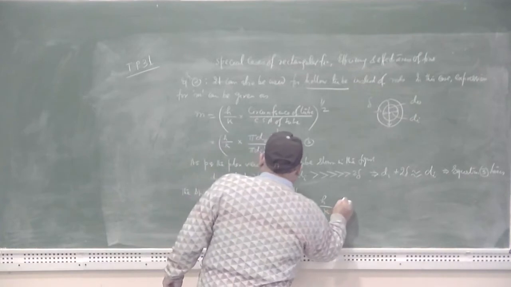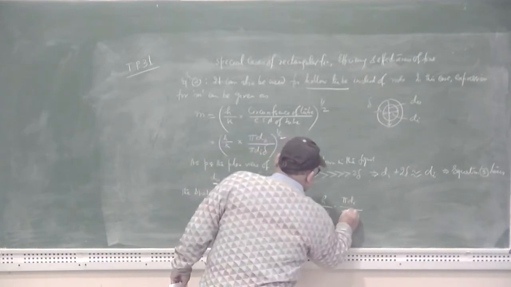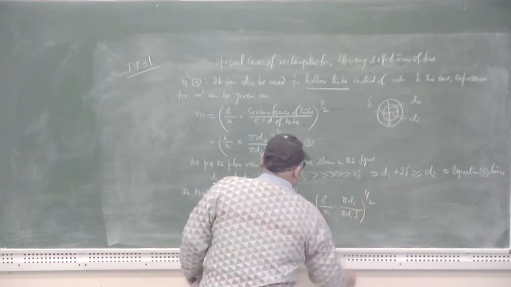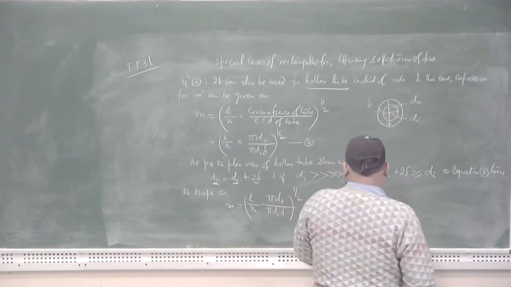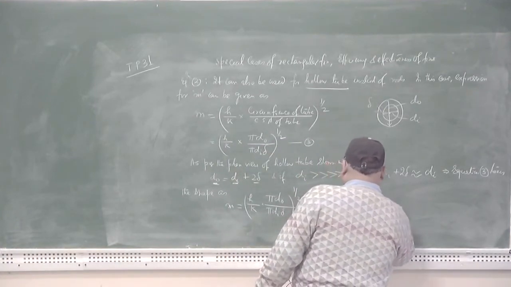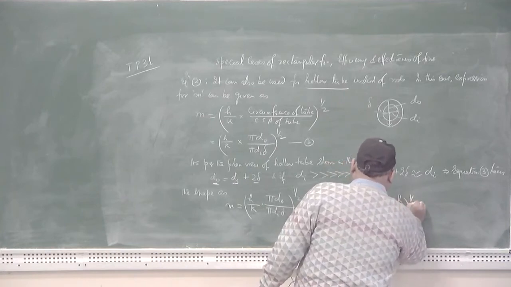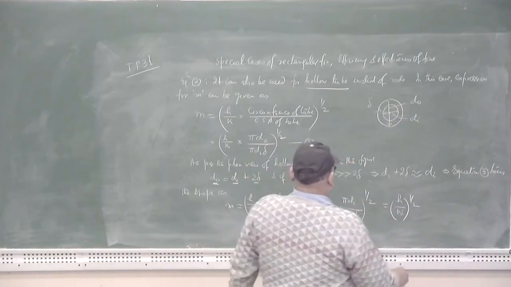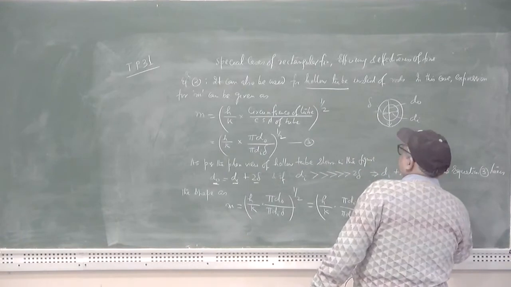So, that is equal to pi d i divided by pi d i delta, raised to the power half, which is equal to h upon k delta raised to the power half. Let it be equation number 4.